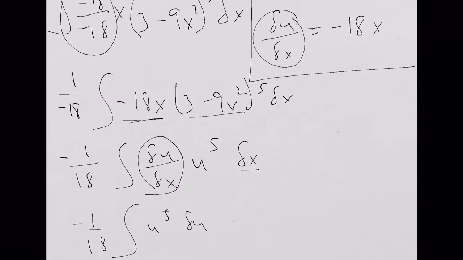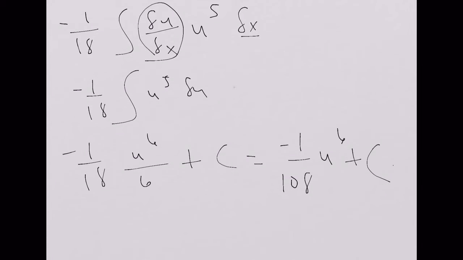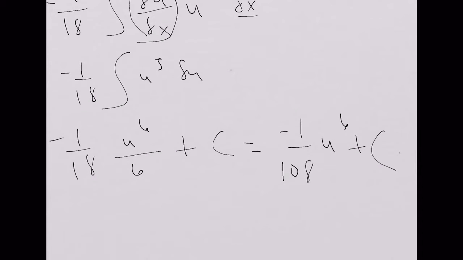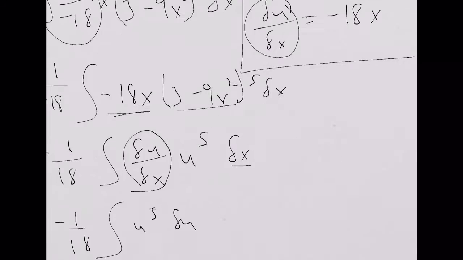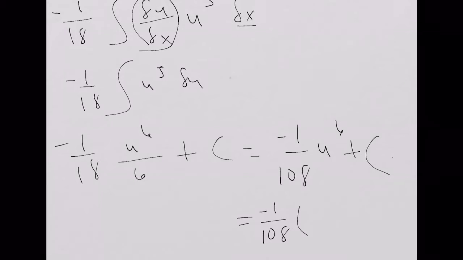U is 3 minus 9x squared. So my antiderivative is negative 1 over 108 times 3 minus 9x squared raised to the 6 plus c.